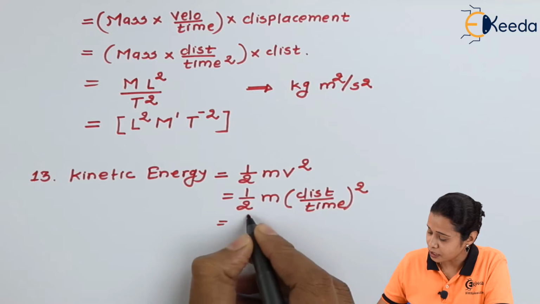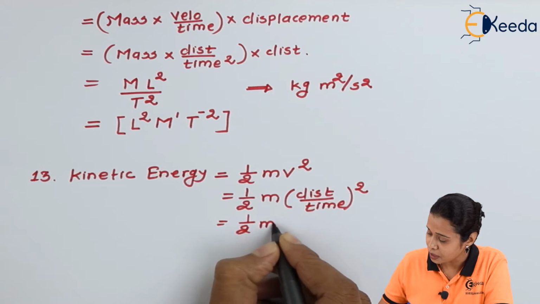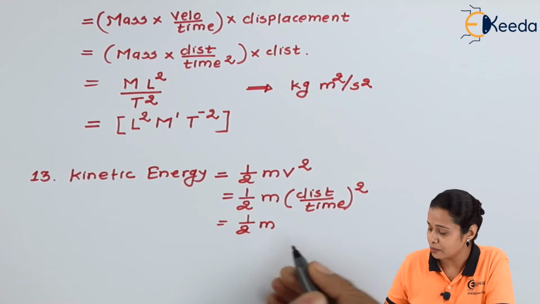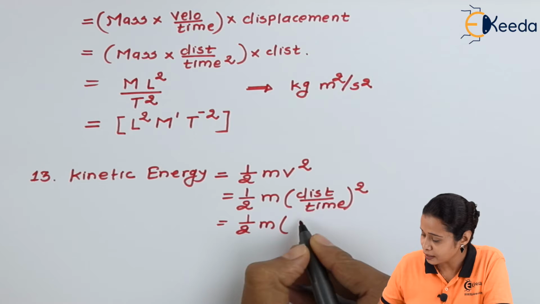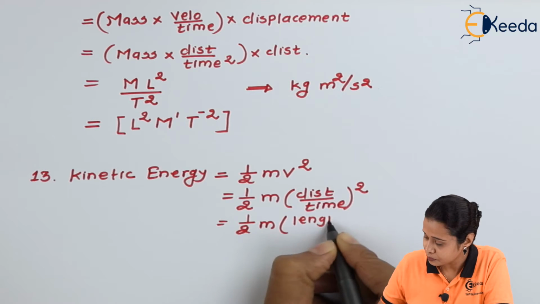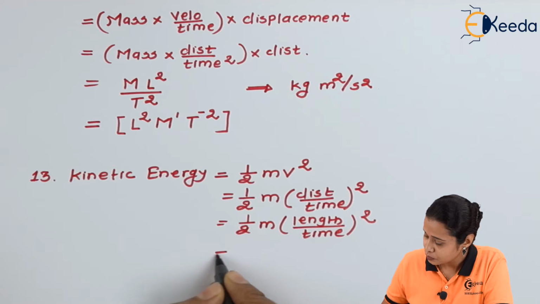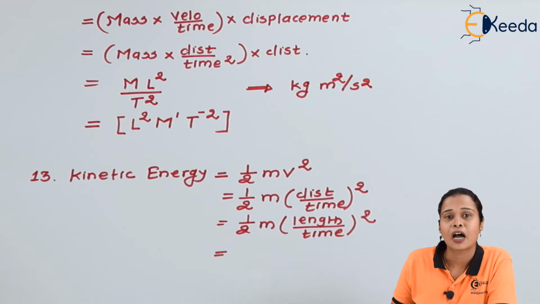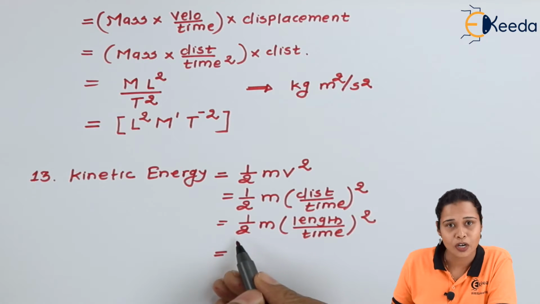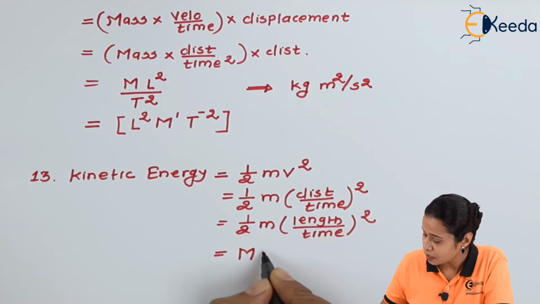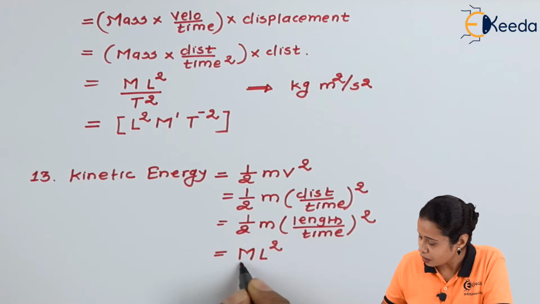Now distance is nothing but length, so length upon time, its square. So finally half is a constant quantity, so it doesn't have a unit. So here we'll write down m L square upon T square.